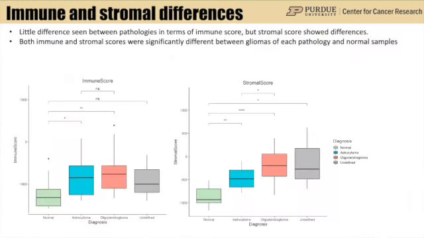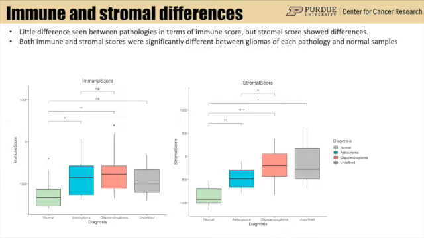We were interested to see whether there are immune or stromal differences between astrocytomas and oligodendrogliomas. So we used a program called Estimate, which works in a similar way to CIBERSORT, where it uses a panel of genes and tries to assign an immune score and a stromal score to each of the samples based on gene expression profiles.